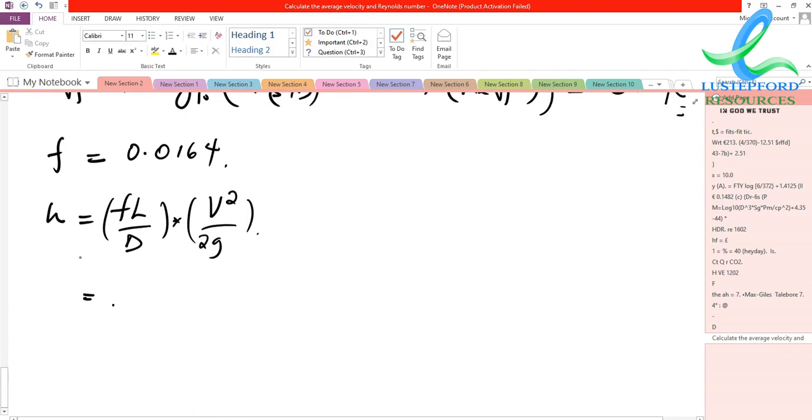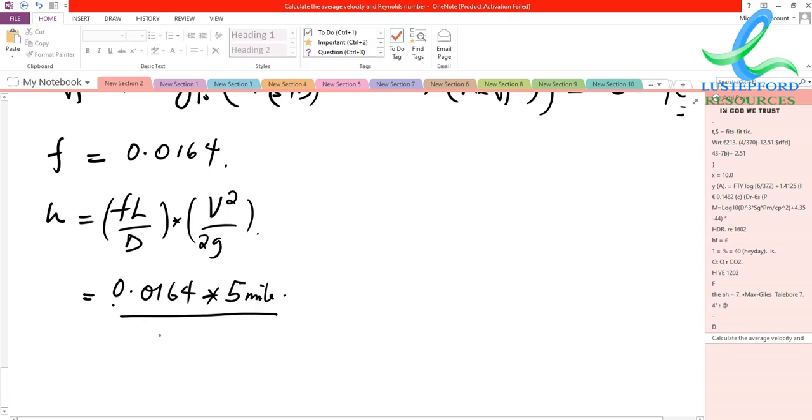So to calculate the H now, you have 0.0164 times the length. The pipe length is 5 miles.